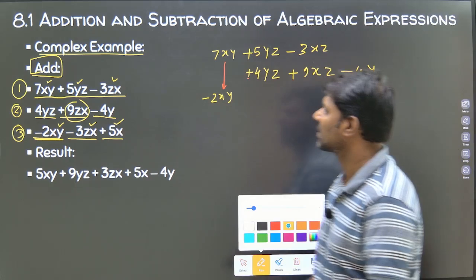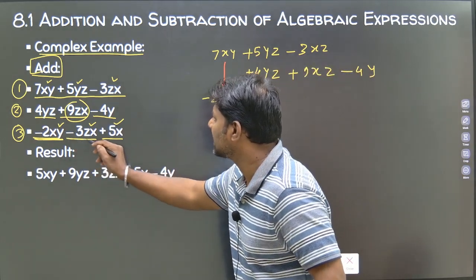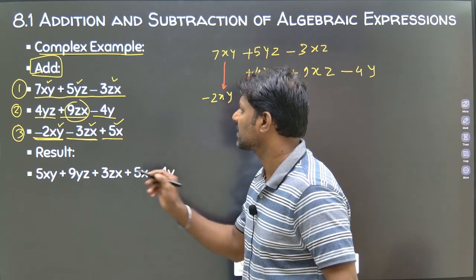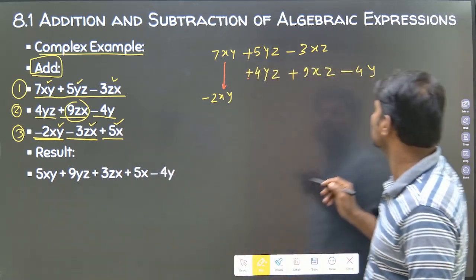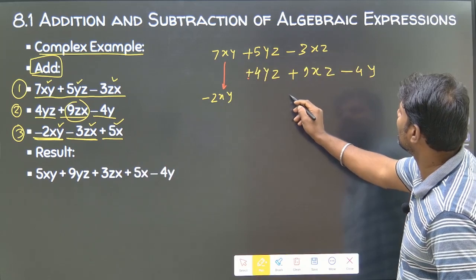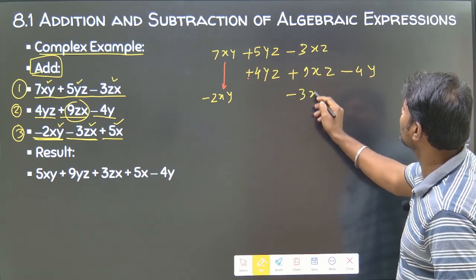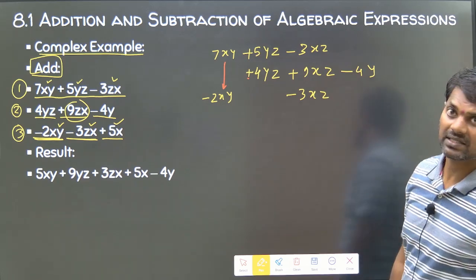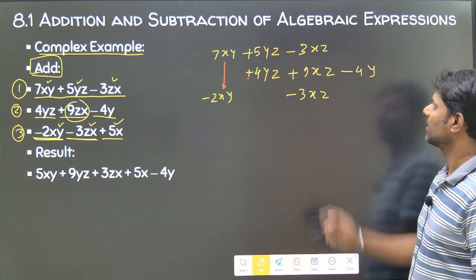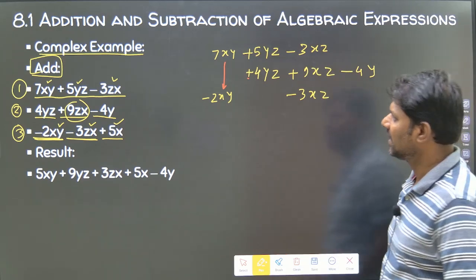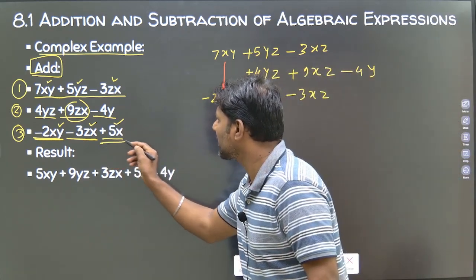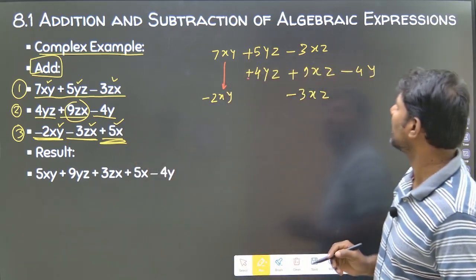Next, minus 3zx, minus 3xz, I have written below this. Next, plus 5x.